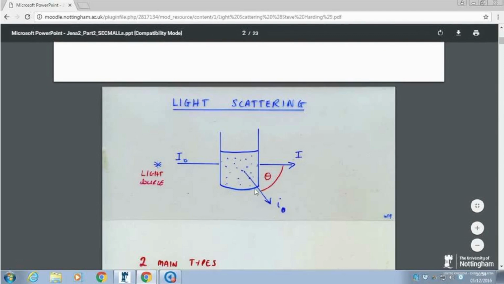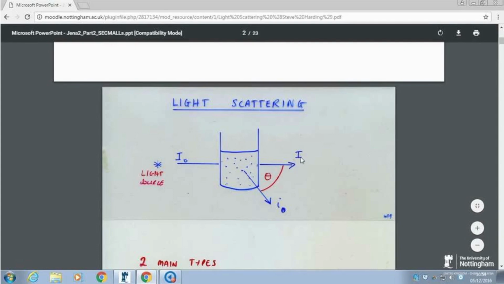So the photometer detector, that angle theta is called the scattering angle. Scattered intensity I theta, and this is the original intensity I naught, and this is the intensity at zero angle that's left after scattered light has taken some of the original intensity away.